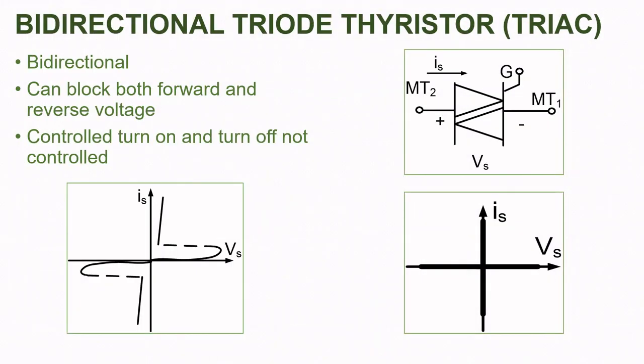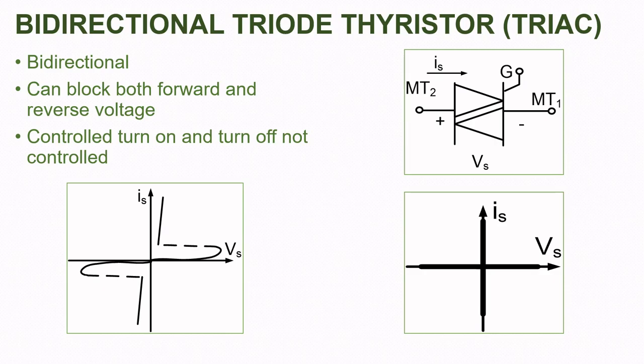So our next device is bidirectional triode thyristor or Triac. As the name indicates, it's a bidirectional device. That means current can flow from terminal MT2 to MT1 or from terminal MT1 to MT2. This device can block the voltages in both forward as well as reverse direction.